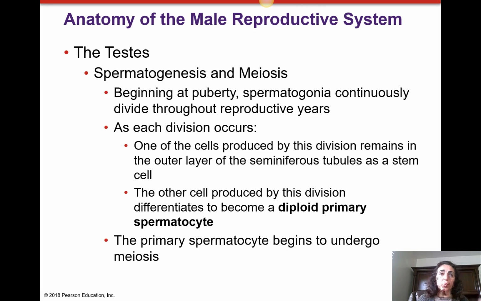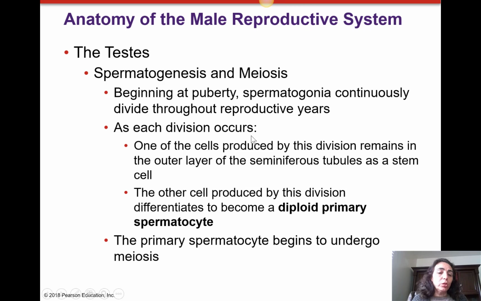There is no period, there is no pause. Continuously, spermatogenesis starts after puberty and continues as long as that person is alive, but the rate and the amount might decrease as the male ages, right? But still it is continuous.